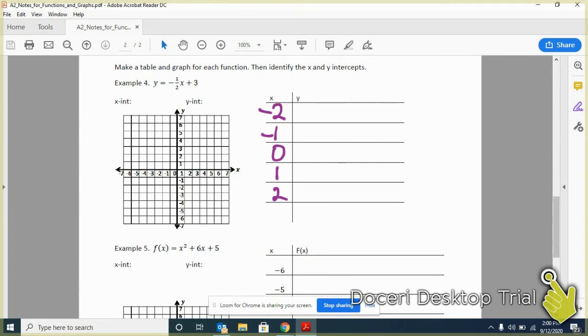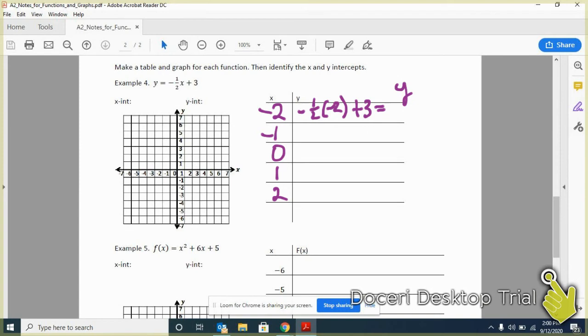So if I plug these in, I'm not going to do every single one of these, but basically you would do -1/2 times -2 plus 3, and that would give me the y value that I'm looking for. Okay. I'm going to go through every single one of these. So at this point, if you want to pause it to kind of get your answers down, you can. Okay.